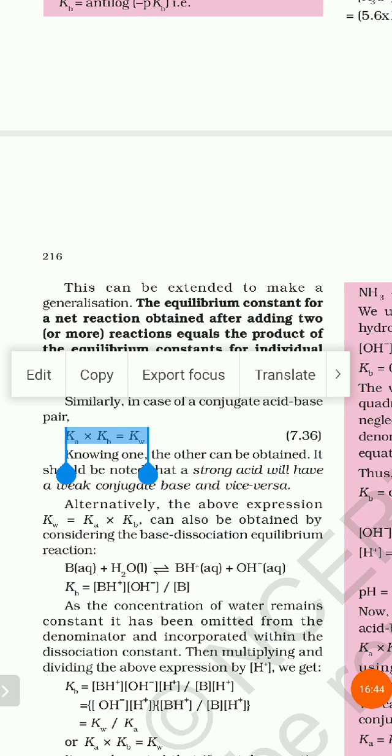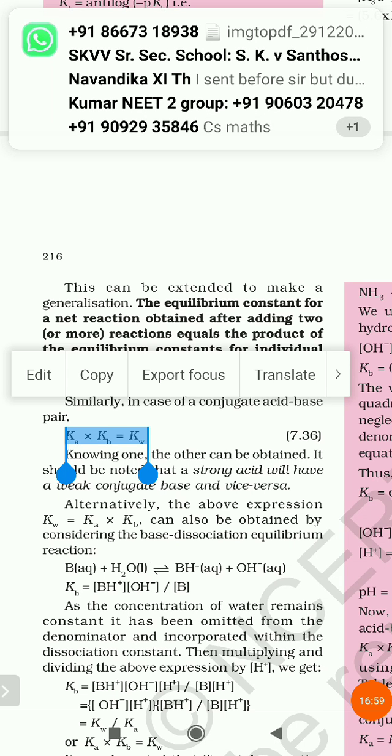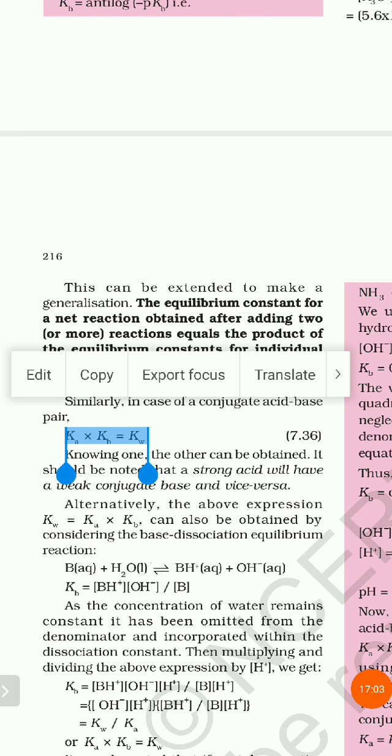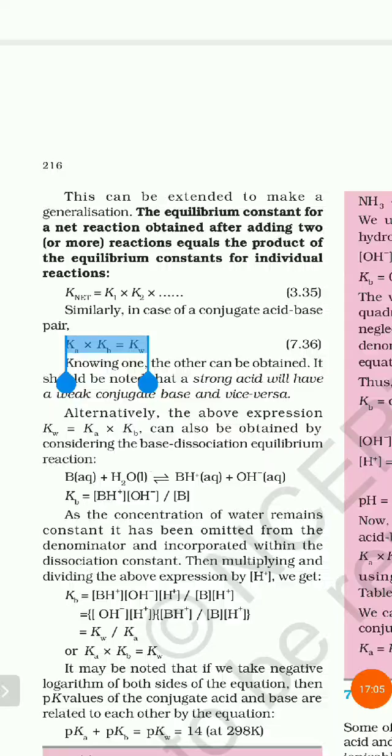If I take a normal acid and base, the net overall reaction is obtained by multiplying all the individual equilibrium constants. All the equilibrium constants you multiply give the overall net reaction. So this is the formula for that.